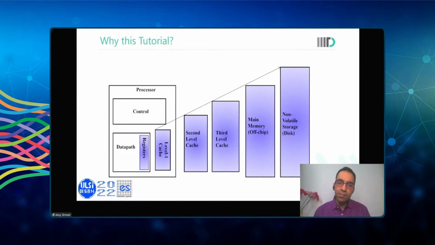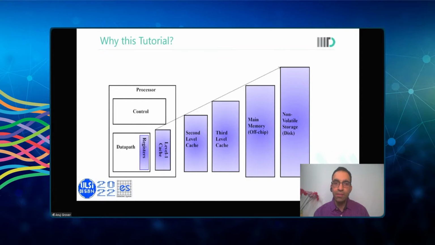When we say that memories are all over the place, it's not just a statement per se. A quick look at one of the recent chips, let us say the AMD chip called Ryzen, would indicate that there is a vast area of the chip occupied by memories.